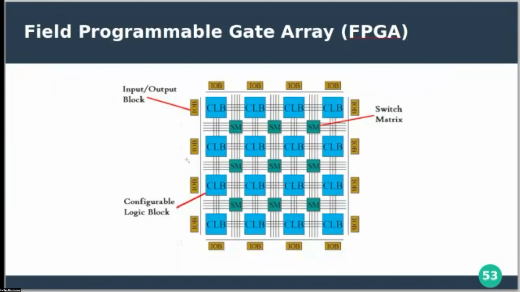And so the way FPGAs work is that you have these configurable logic blocks, which are essentially blocks that you can say, oh, you're going to be an AND gate, or you're going to be a latch, and you can connect them together through all these switch matrices, and you can get any digital circuit you want out.